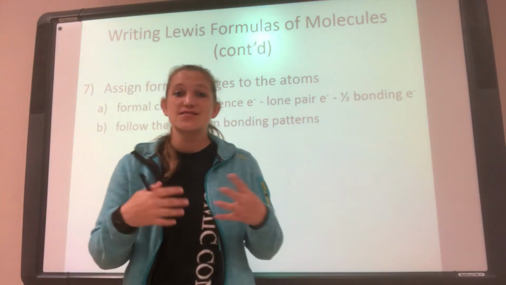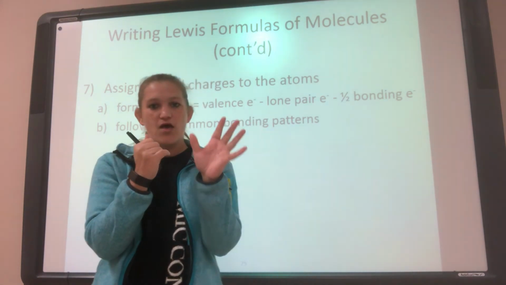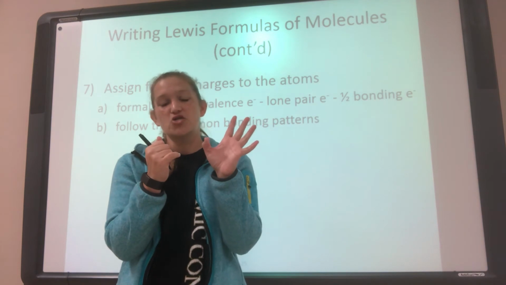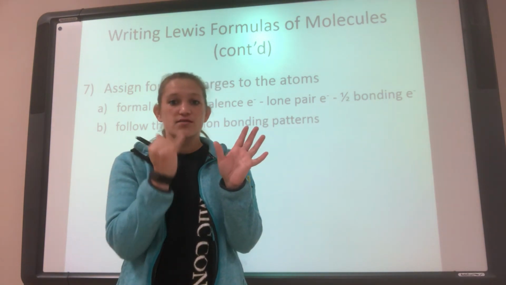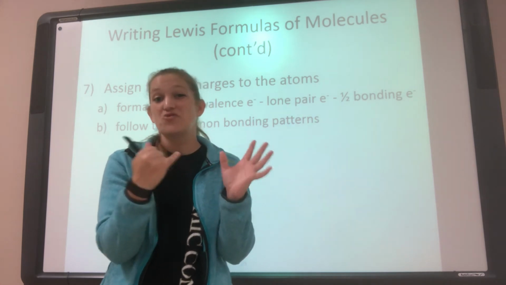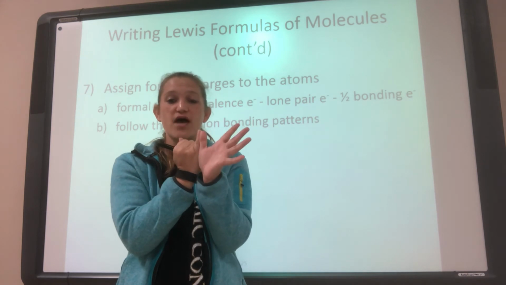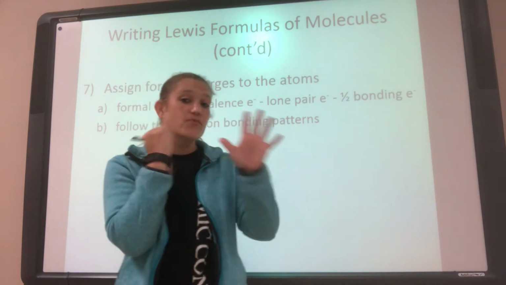Then I have to make the central atom happy. That's where steps 5 and 6 come into play. Step 5 says if I have extra electrons, put them on the central guy. Step 6 says if I don't have electrons, or if I put some of them but I still need more, I make double bonds. So 5 and 6 go together to make that central atom happy. So that's where we were.